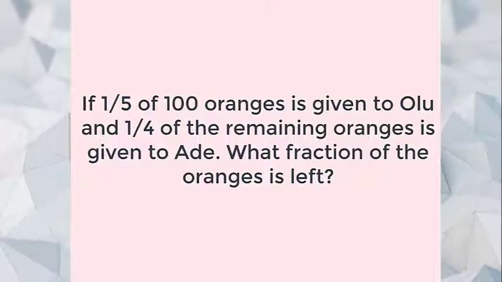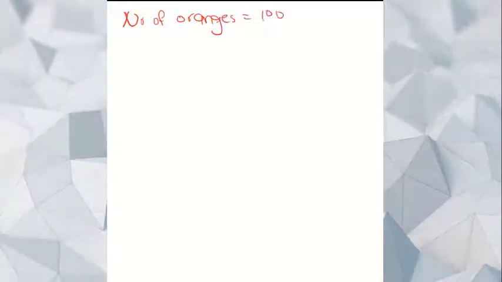Fraction of the oranges is left? Okay, so we have 1/5 of the oranges given to Olu. The number of oranges is equal to 100.